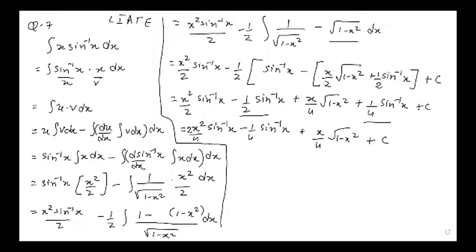So I can take sine inverse x by 4 common outside to have 2x square minus 1, plus x by 4 root 1 minus x square plus c. This is your final answer.